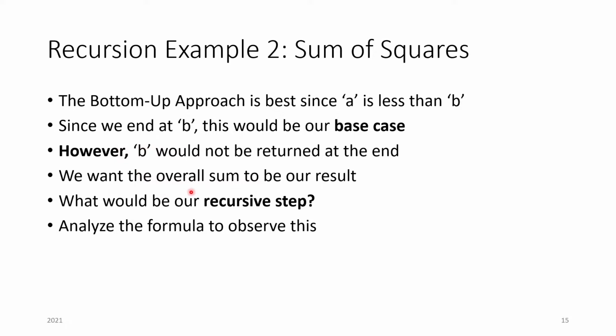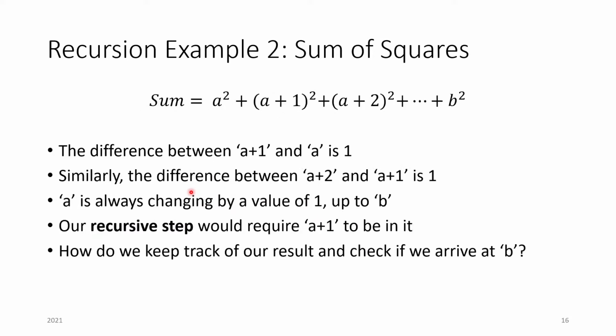So how do we formulate our recursive step in this particular case? We go back to the formula to observe. We do the same steps as before: the difference between a plus 1 and a is 1, and from a plus 2 to a plus 1 is also 1. But a is always changing, from a value of 1 up to b.